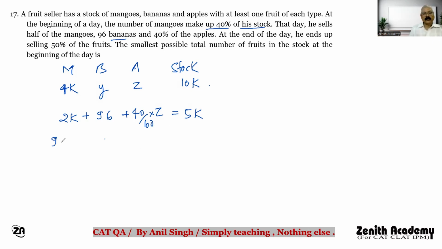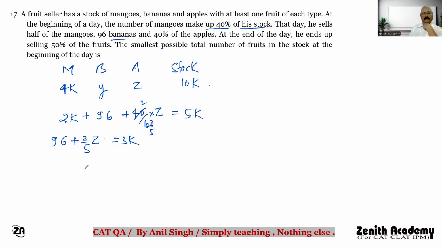So finally, it is 96 plus 2 by 5 Z, and 2K. So 5K minus 2K is 3K. And here, this is 2 by 5 Z. Okay, it's right.